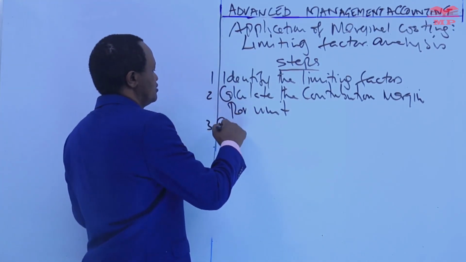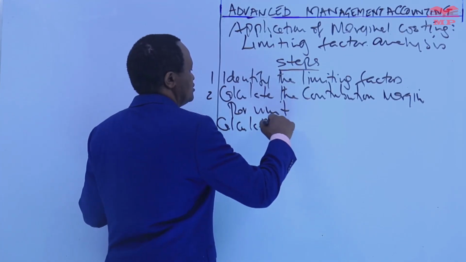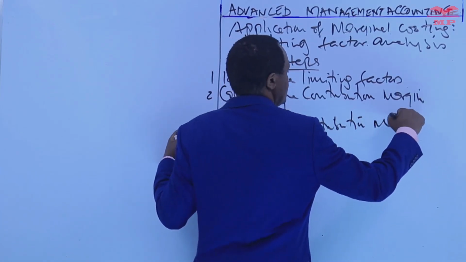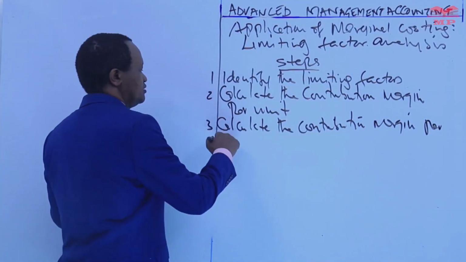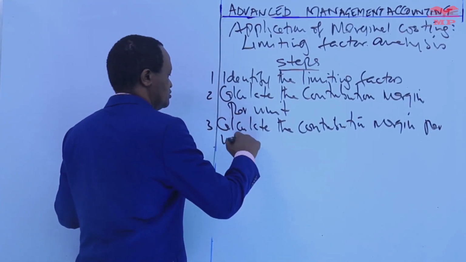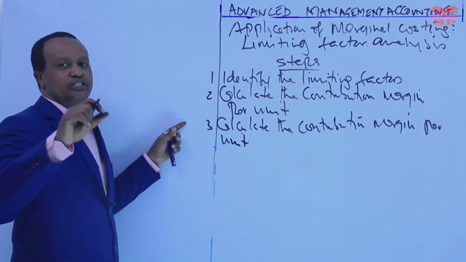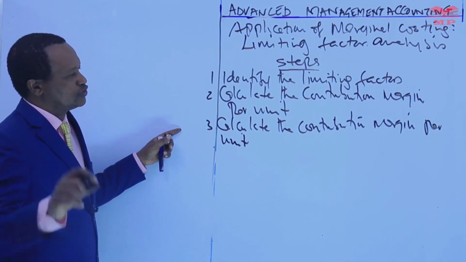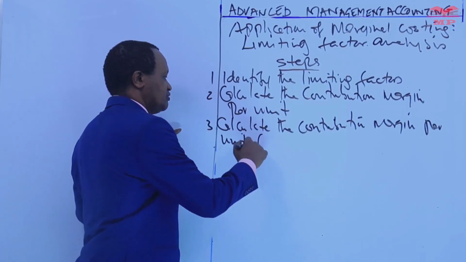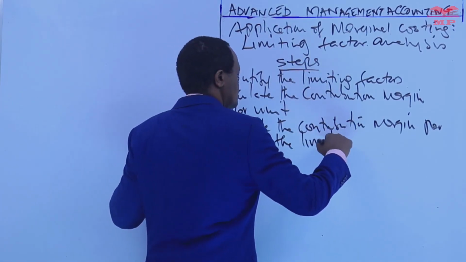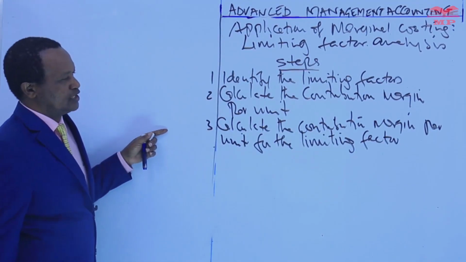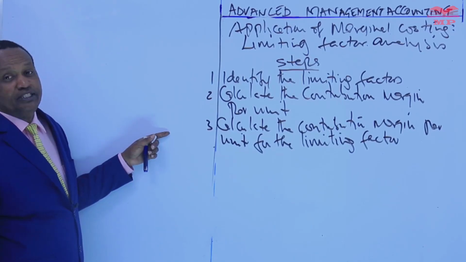Step number 3, calculate the contribution margin per unit for the limiting factor.